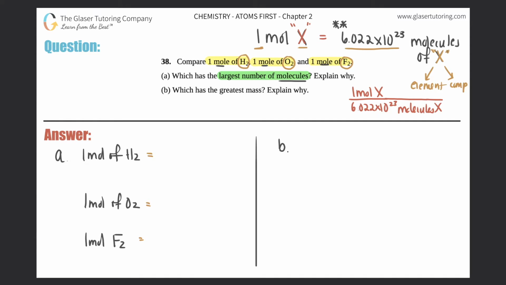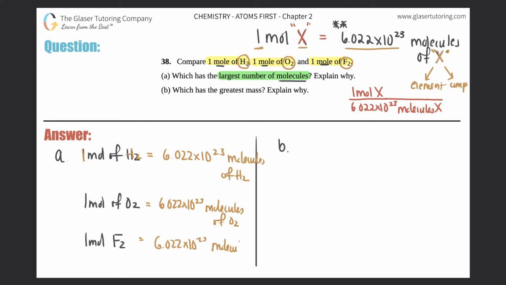So 1 mole of H2 is 6.022 times 10 to the 23rd molecules of H2. 1 mole of O2 is 6.022 times 10 to the 23rd molecules of O2. And 1 mole of F2 is 6.022 times 10 to the 23rd molecules of F2.